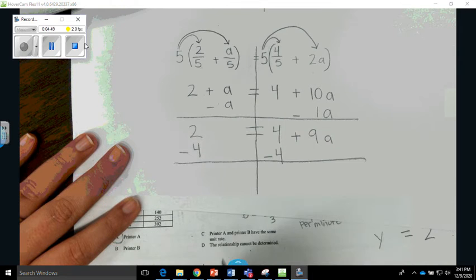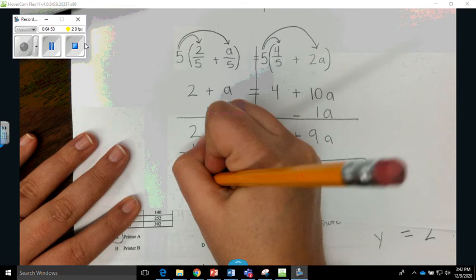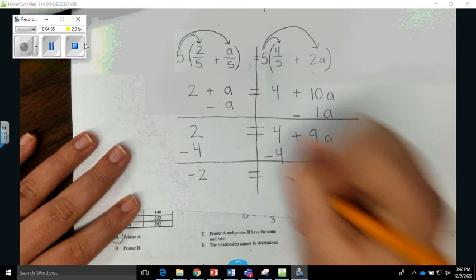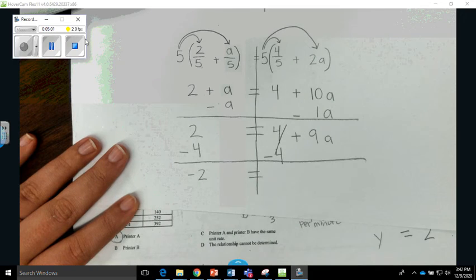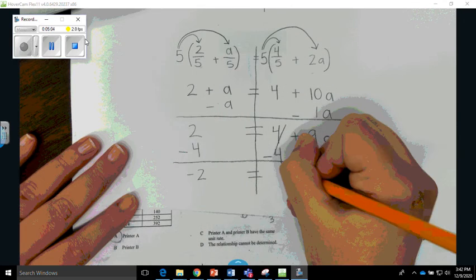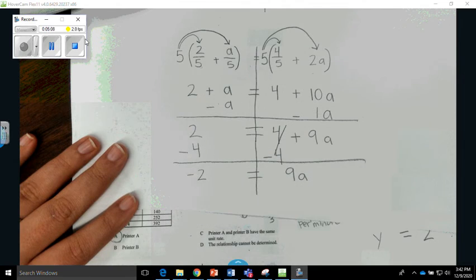Okay. Now I'm left with, well, 2 minus 4 is negative 2. Bring down that equal sign. 4 minus 4 is nothing. We don't care about nothing. We want to leave that blank. Let's bring down our 9a. And it was positive, so we can just leave it as 9a.